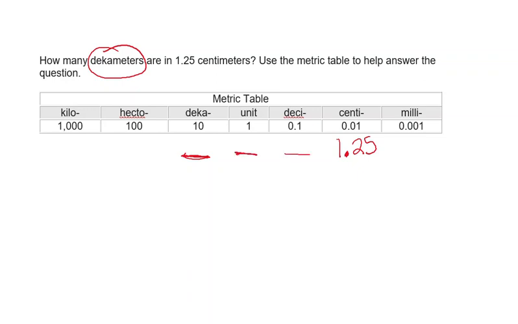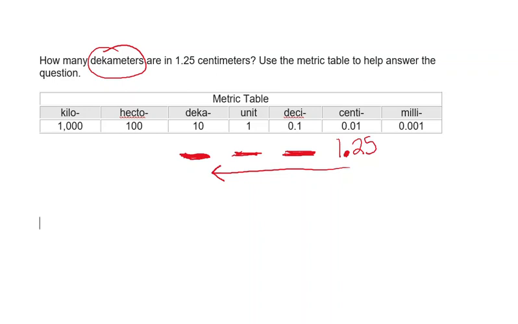So then each one of these represents a movement of the decimal place. So if I am to the right of decameters, then my decimal place needs to move to the left. I need to move my decimal place 1, 2, 3 times to the left to get from centimeters to decameters.